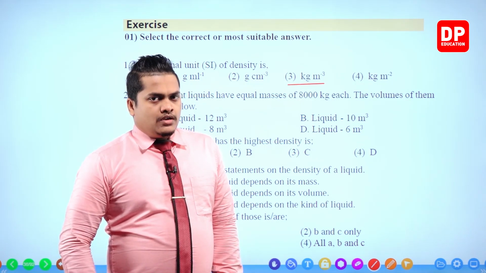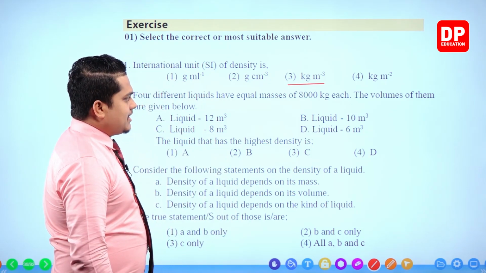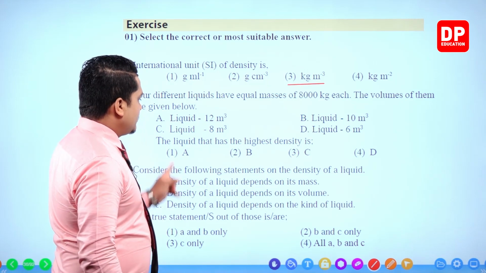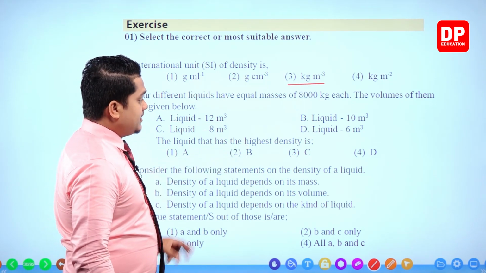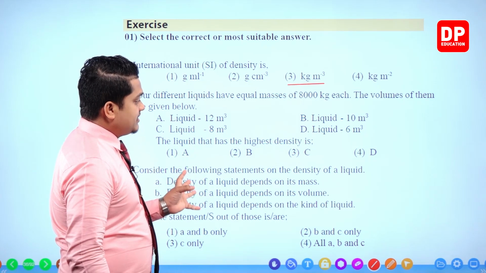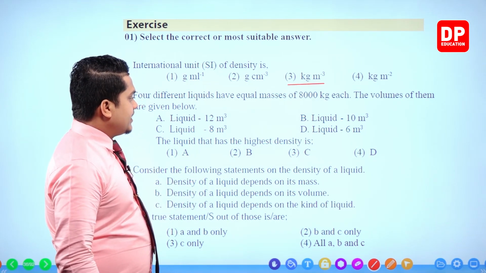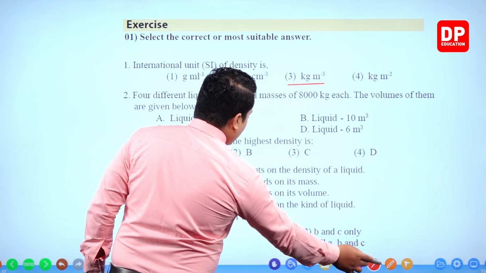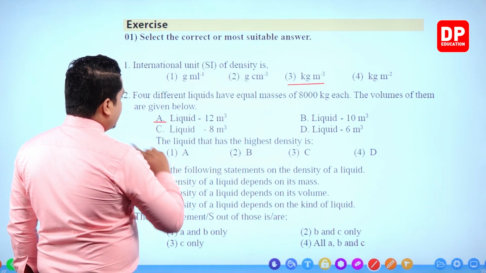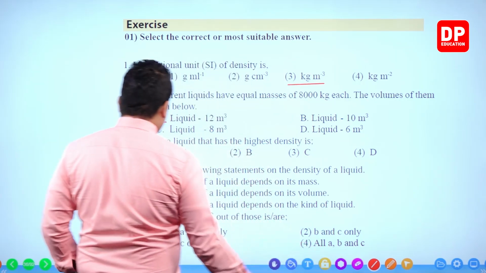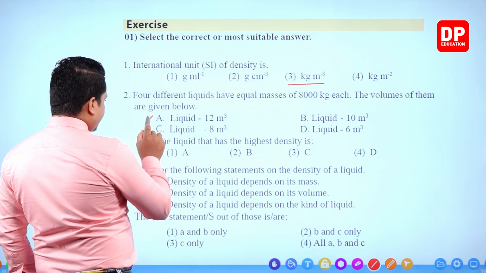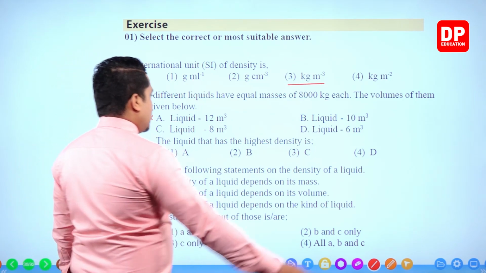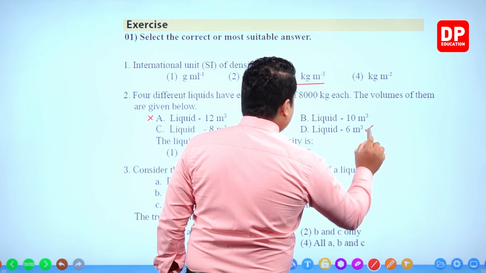However, by looking at these values, I can determine which one has the lowest density and which one has the highest density. If you take liquid A, this one has the lowest density. I'll make a cross. This one has the lowest density. This one has the highest density.